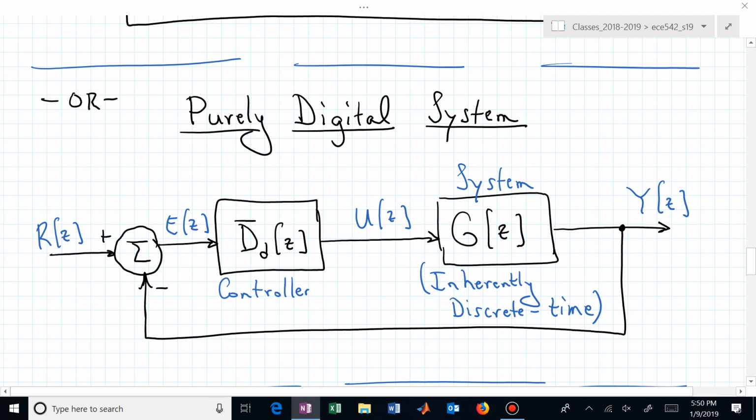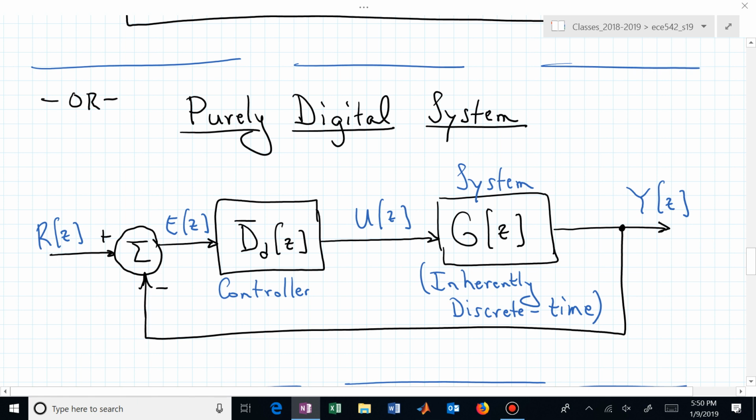And it could be that we have another picture, where we actually have an inherently discrete time plant. It's no longer an analog system. Maybe it's a computer network, and we have a dynamic model of that, which we can describe in terms of difference equations or in terms of a transfer function, capital G of Z. Then we don't have to worry about all these A to D's and D to A's.